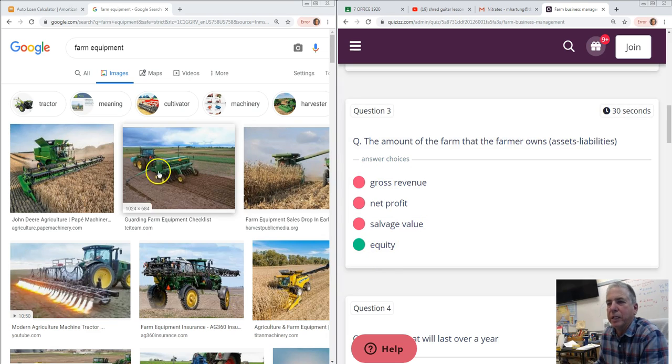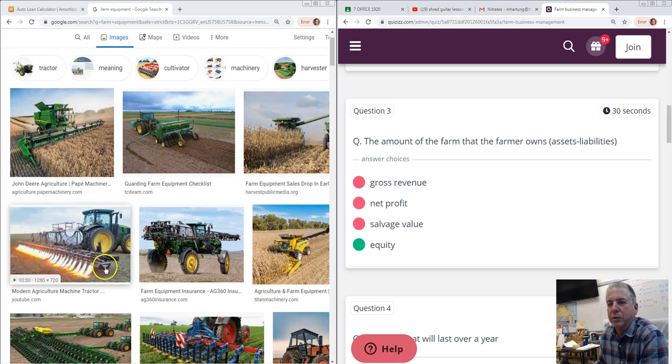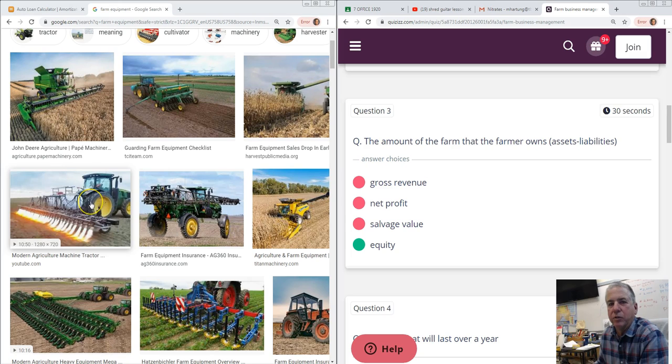So let's say the farmer buys one of these pieces of equipment, like this tractor, and let's say it's a $100,000 tractor, and they borrow $50,000 from the bank, and the rest of the money they have in their savings account. They use their own money to pay for the rest of it. Then their equity would be $50,000 and the liability would be $50,000.